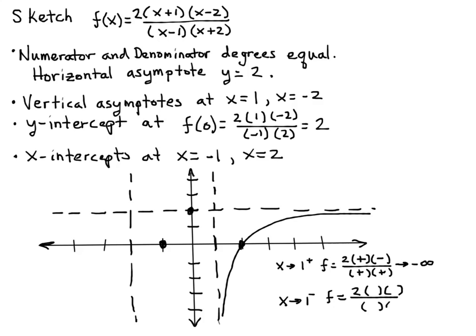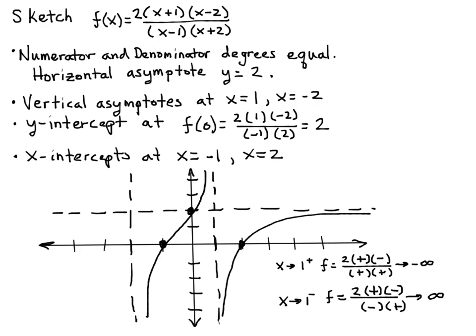Now, what happens on the other side? So as we go to 1 from the left side, so we're coming this way, we do the same thing. We say, okay, the x plus 1 is going to be positive. The x minus 2 is going to be negative, and then on the denominator, since x is slightly less than 1, x minus 1 is going to be negative, and x plus 2 is going to be positive, so this is going to go to infinity.